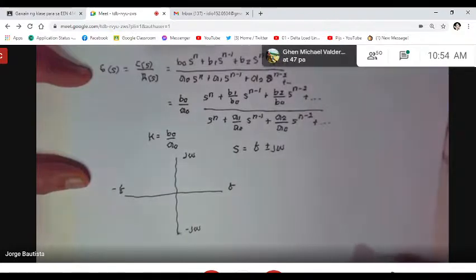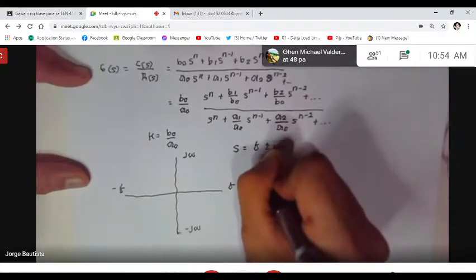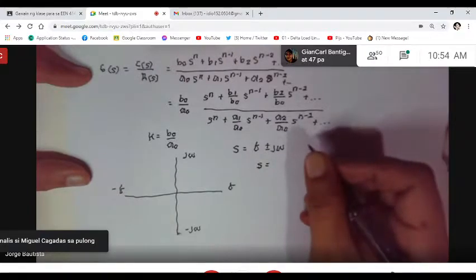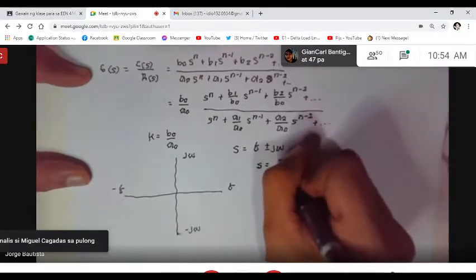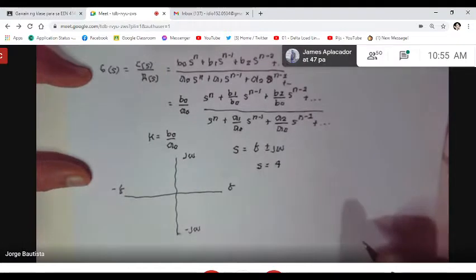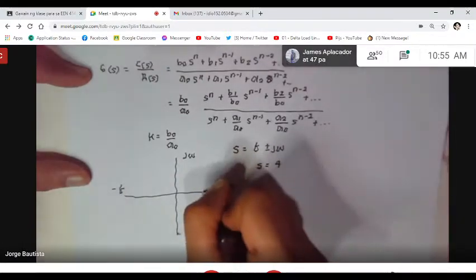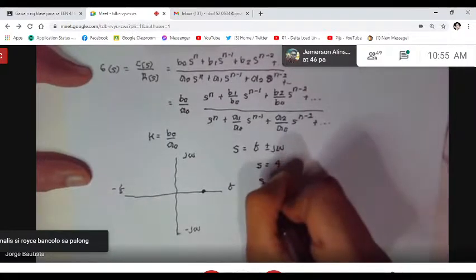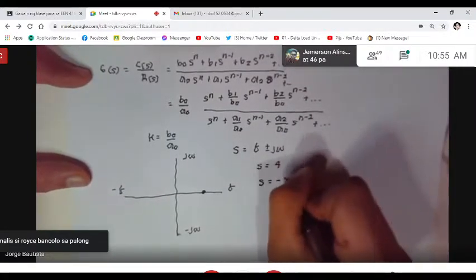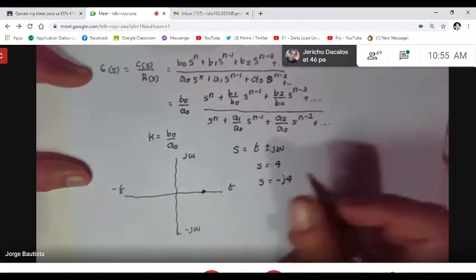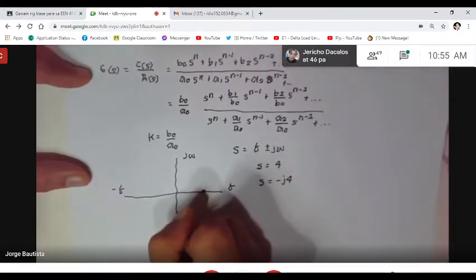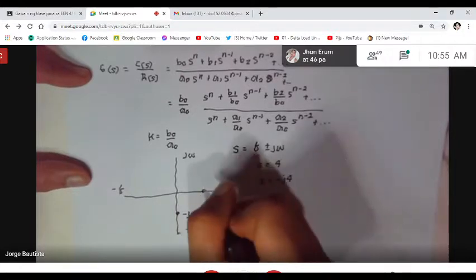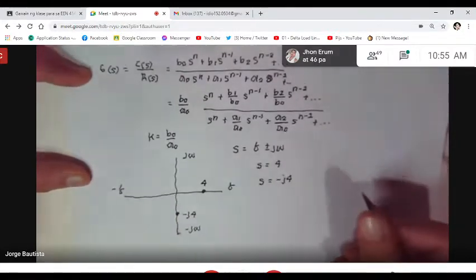For example, if your s is purely real, let's say 4, the plot of s is here. If your s is purely imaginary, let's say negative j4, then your negative j4 is here.